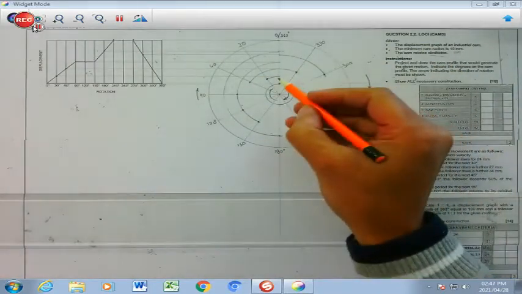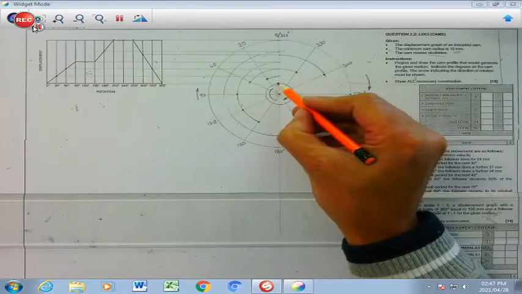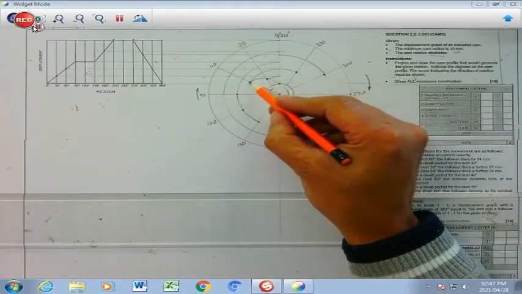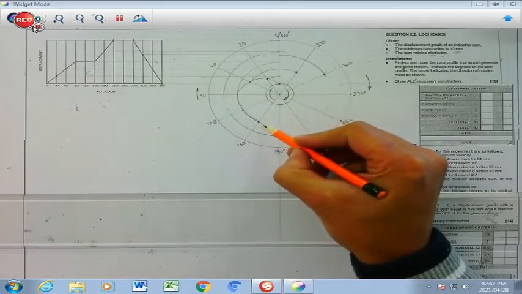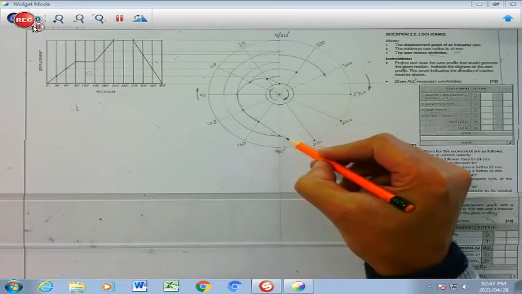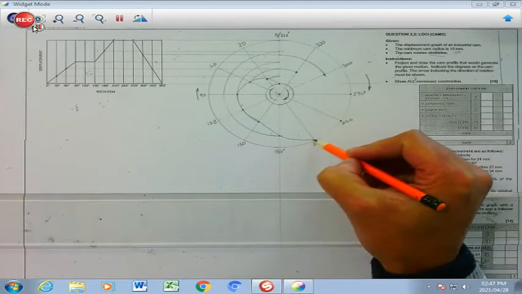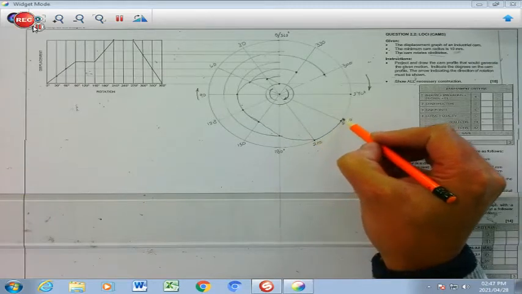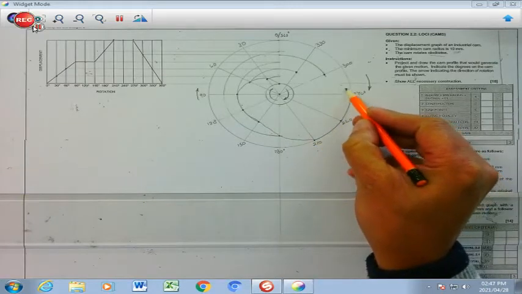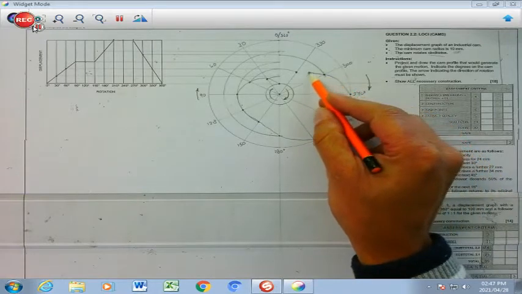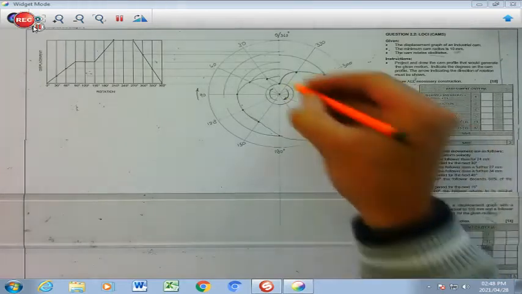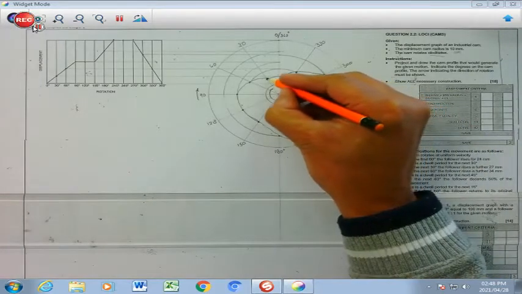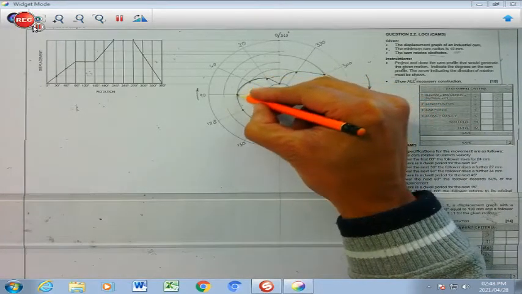All I have to do is very faintly start at 0 and draw a line that basically goes through all points on your construction of your profile, very slowly, making it nice and curvy like that there. Once I have that, I need to go over it again, making it nice and dark.